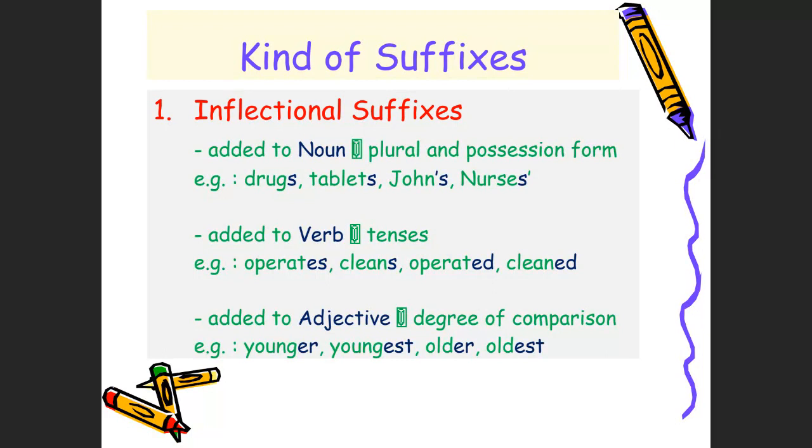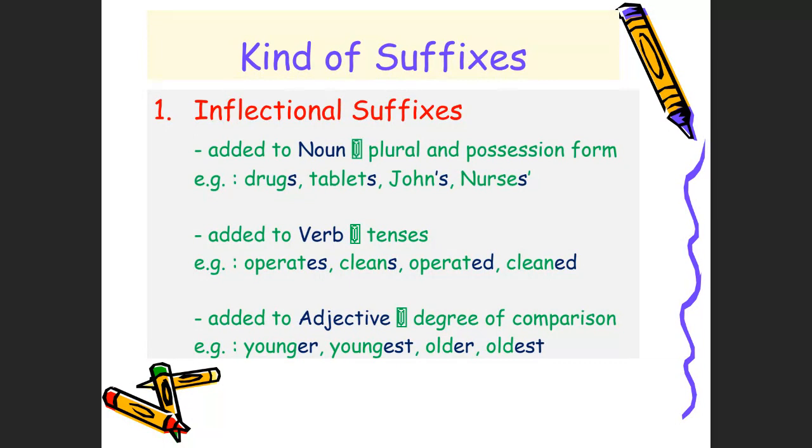For example, drug, drugs. Tablet, tablets. John, John's. That is a possessive case. Nurse, nurses. Okay. The s is a suffix for the nouns, for the plurals, or the possessive case.